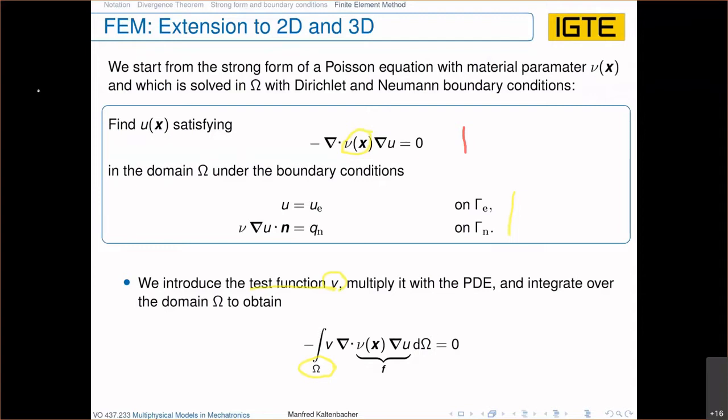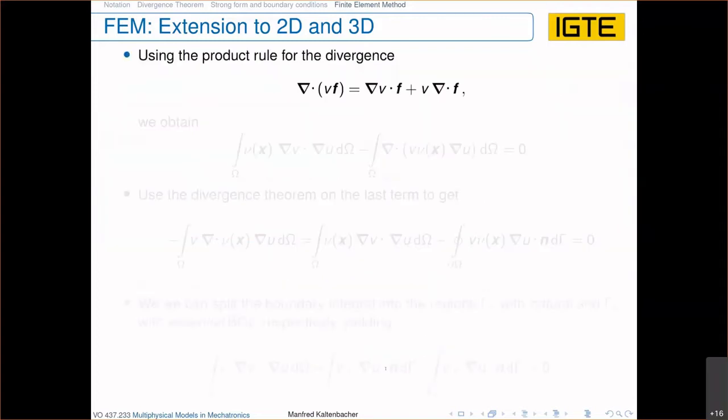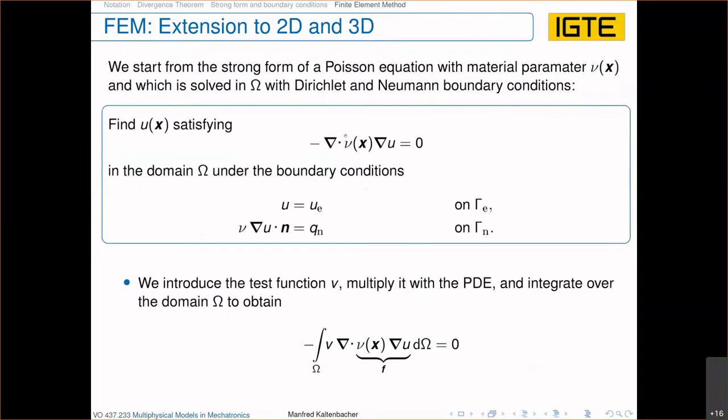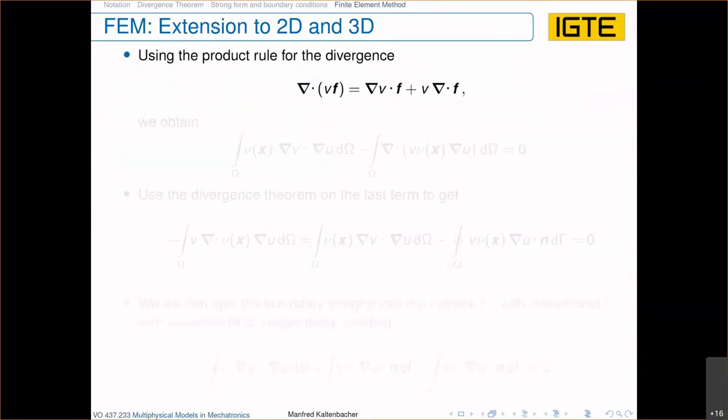Now, when we do the following, we call nu gradient u a vector f. And you know that we have the following identity, that the divergence of a scalar multiplied by a vector is shown here.